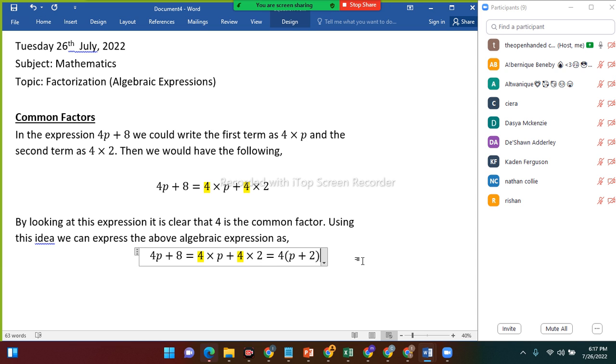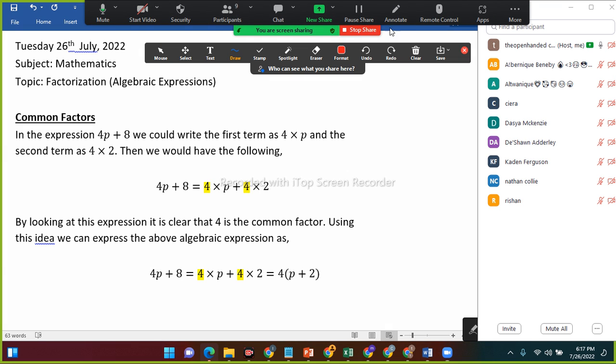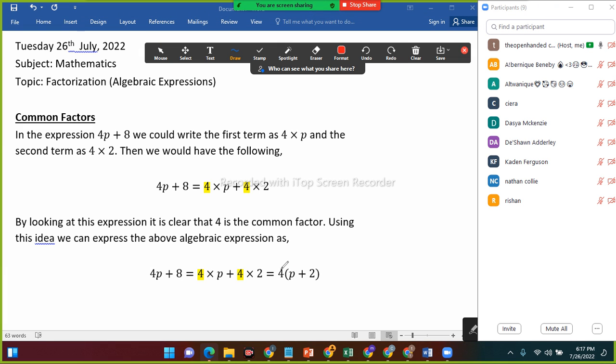Because if you remember from yesterday, what this is saying is that we multiply 4 times P and 4 times 2. So that's 4 times P right there, and then 4 times 2 right there. So these are saying the same thing.